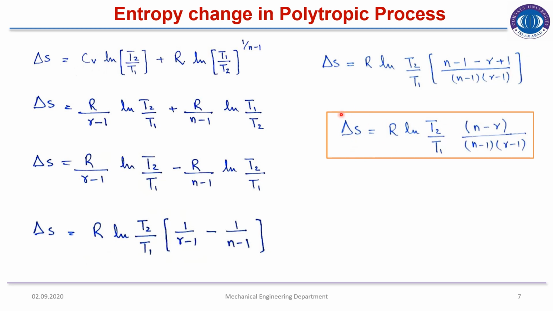This is the finalized step to calculate the change of entropy in the polytropic process. Here we have replaced the value of V2 over V1 in the main equation.